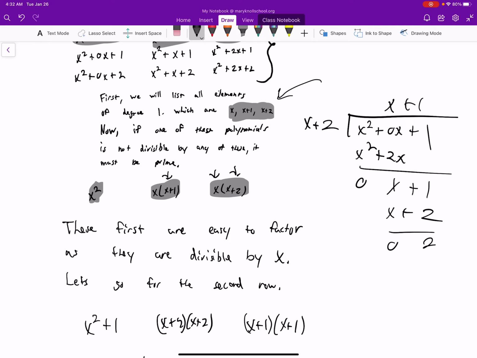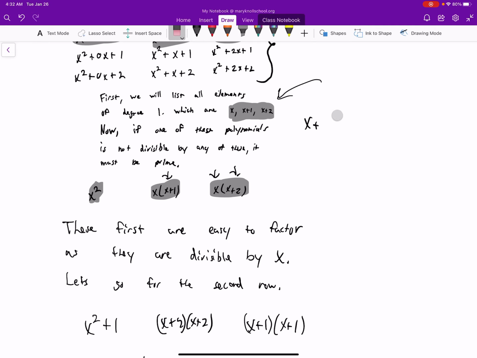All right, so we can see we again have a remainder. So it's not divisible by any degree 1, so it's not divisible by anything. So this must be prime. And so we can't factor it.